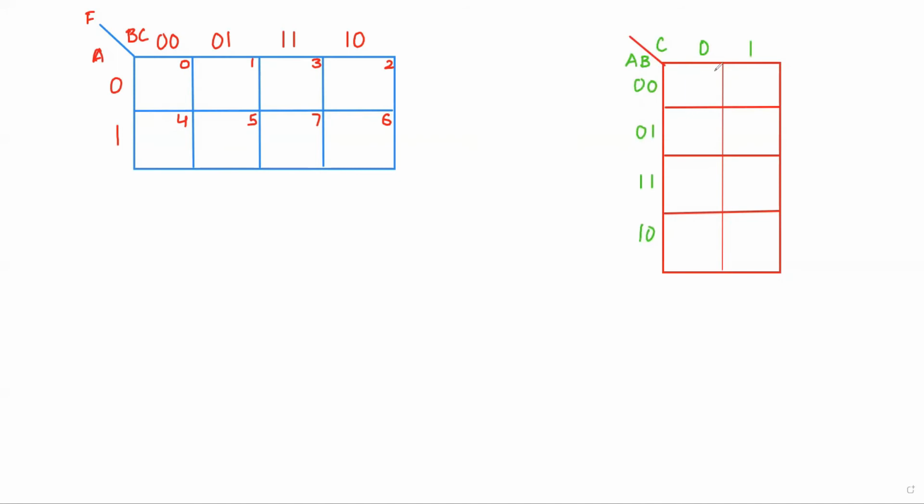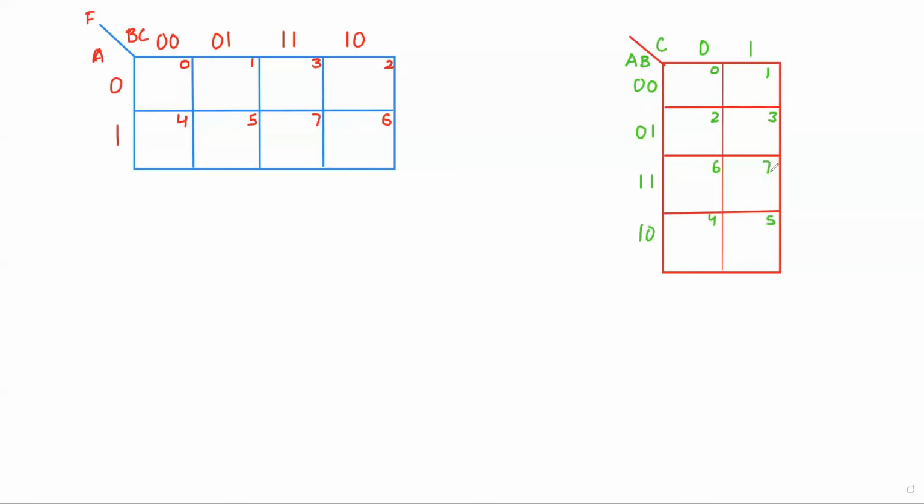So ABC 0 0 0 is 0, this is 1, and this is 2. Then 0 1 1 is 3, then 4, 5, 6, and 7. So this is the other way of writing things.